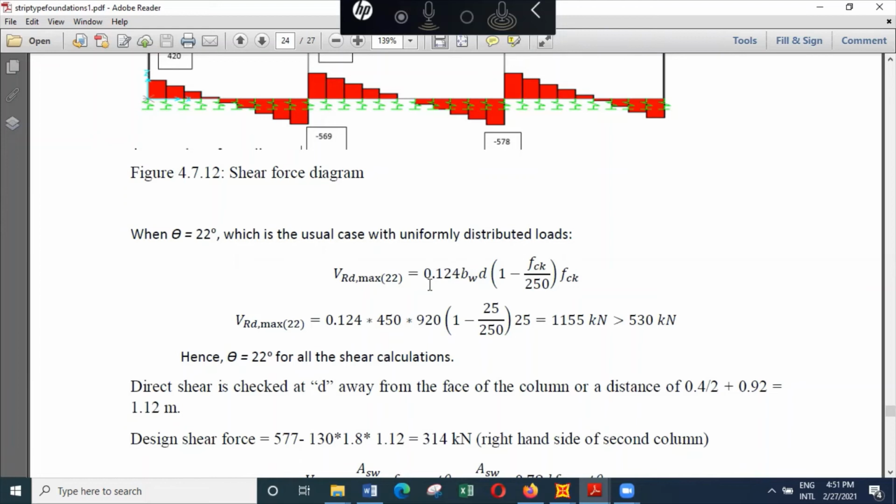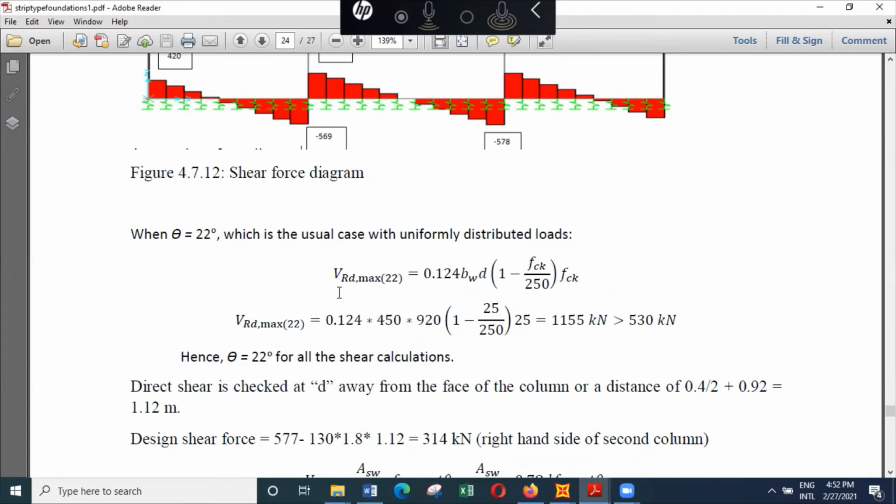So the maximum shear force carrying capacity is 1155 kilonewtons, whereas the actual maximum shear force is 530. So there is no problem, and you can use a 22-degree angle for the rest of the calculations.